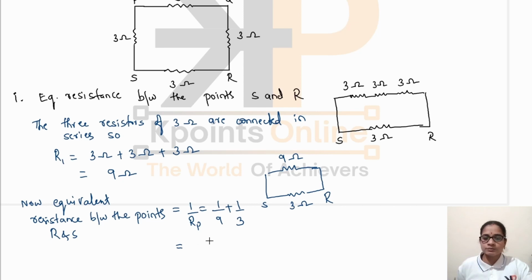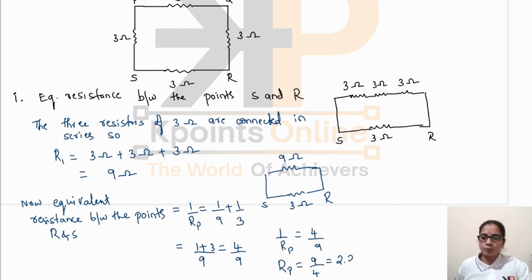It will be equal to 1 plus 3 is equal to 4 by 9. So 1 by Rp is equal to 4 by 9. So Rp is equal to 9 by 4, which is equal to 2.25 ohm. This is the equivalent resistance between the points S and R.